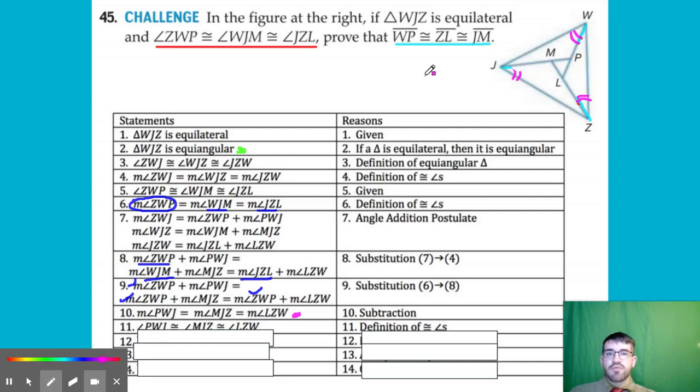So since we're looking to prove that WP is congruent, I'm going to try and highlight this again in green. So it looks like what we're looking to work with here are these triangles here. WP, and we have this angle already. ZL. So we're going to be looking to work with this triangle here.